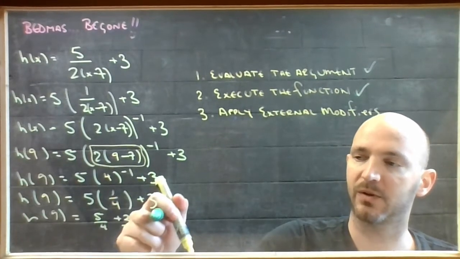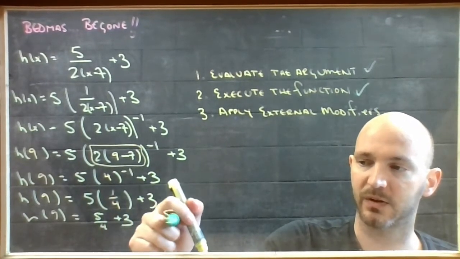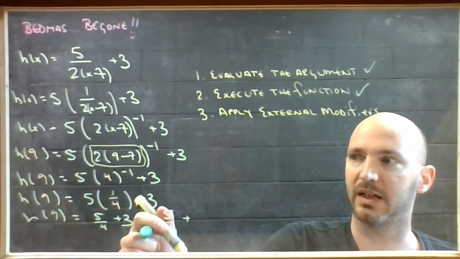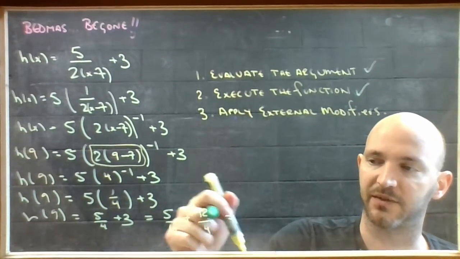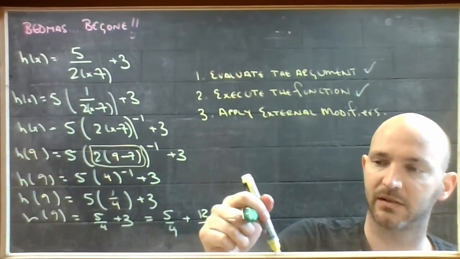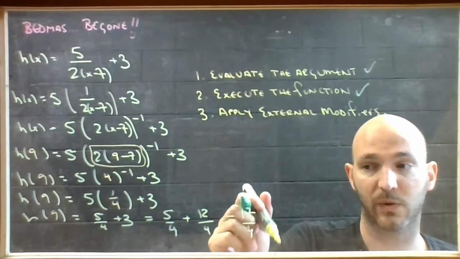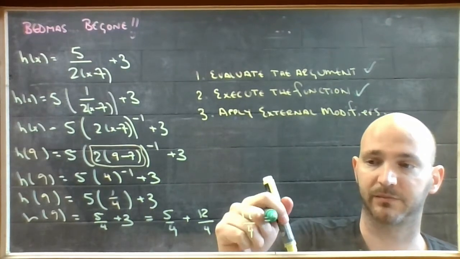And 5/4 plus 3, I will need a common denominator. So 5/4 plus 3, there's 4 quarters in each, and there's 3 of them. That means a total of 12, which gives me 17 quarters. And 17 quarters is 4.25.